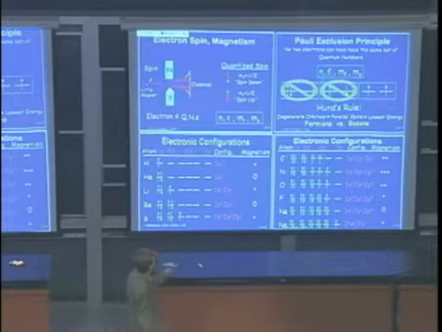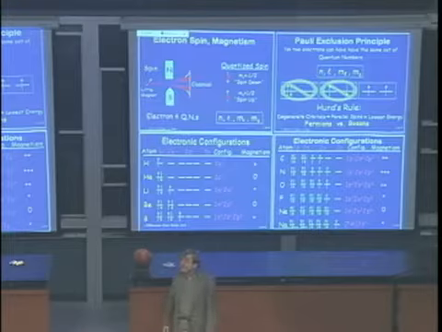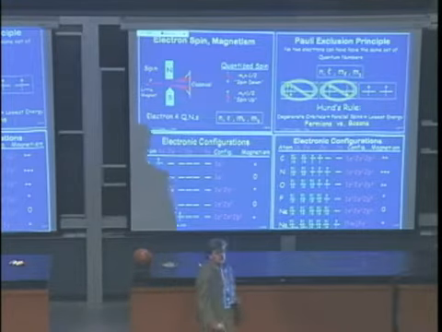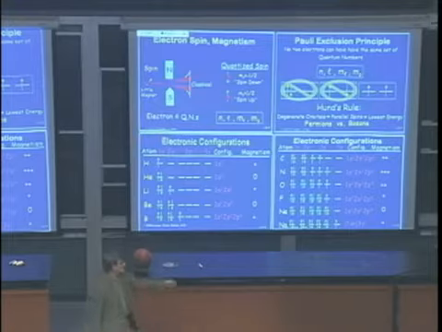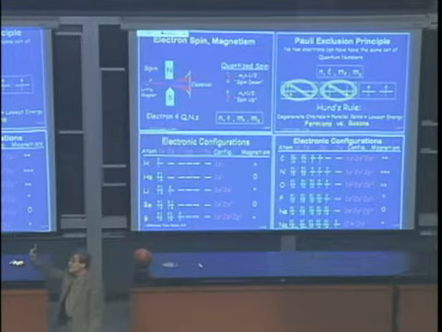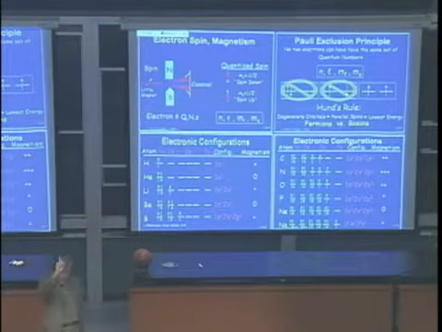Becomes clearer when you have n equals 2, then l equals 1. So what kind of orbitals are those? P orbitals, okay. Now you have m sub l that can be minus 1, 0, and plus 1, so you have 3 p orbitals. And each p orbital can have how many electrons? 2, plus 1/2, minus 1/2, all right?